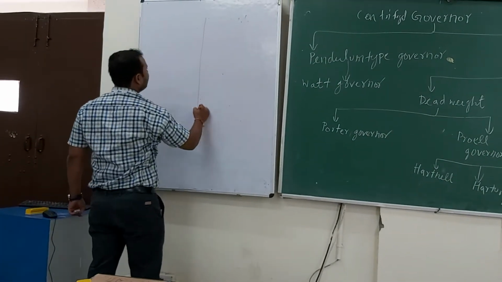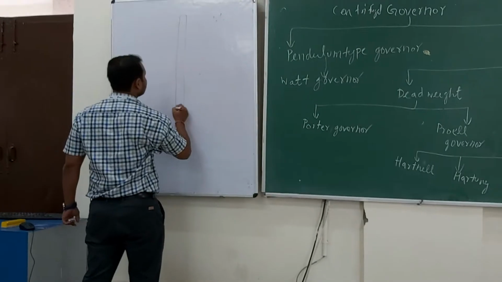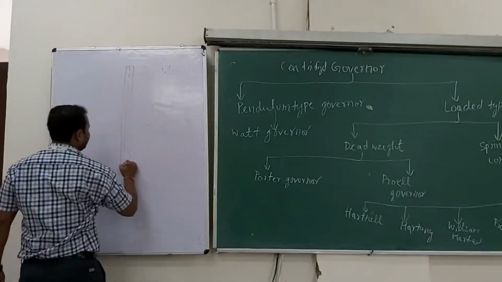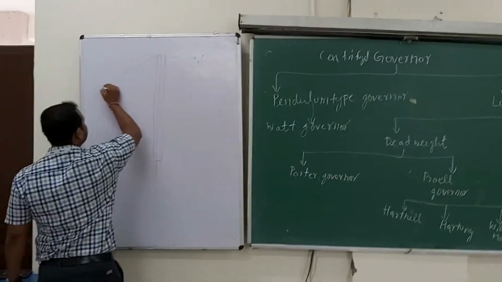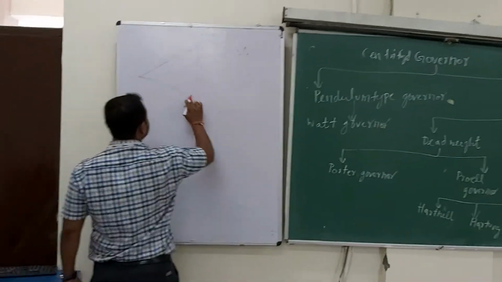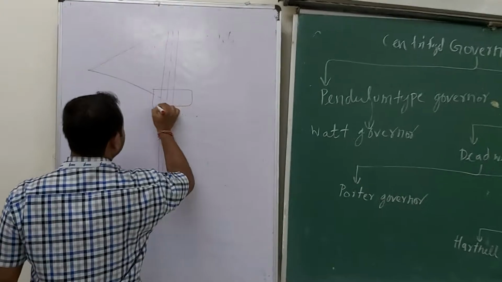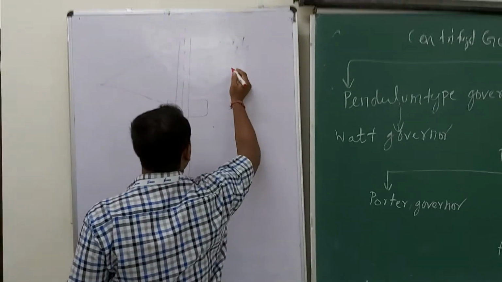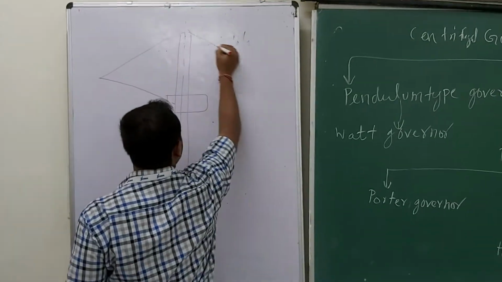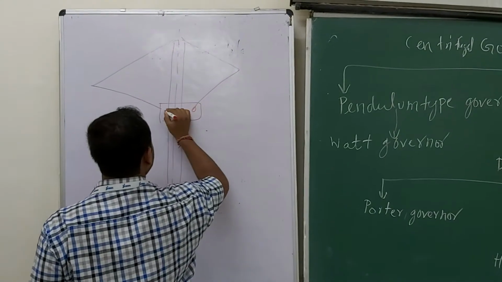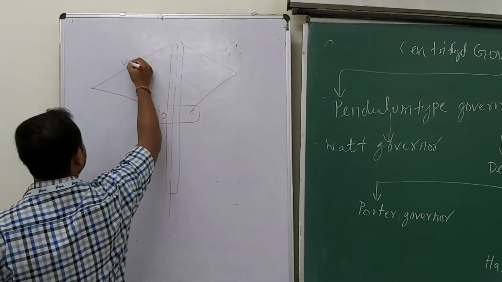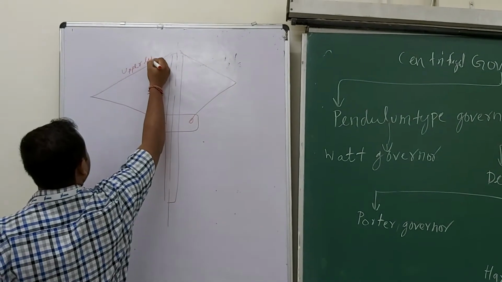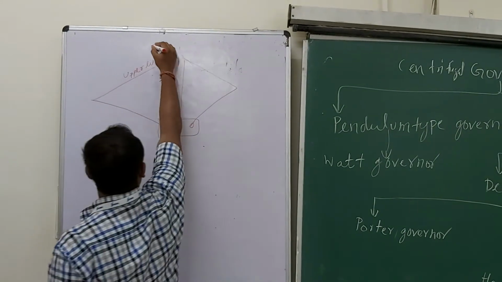This is a simple spindle, and on this spindle axis there are two kinds of link, upper link and lower link, which are also called arms.